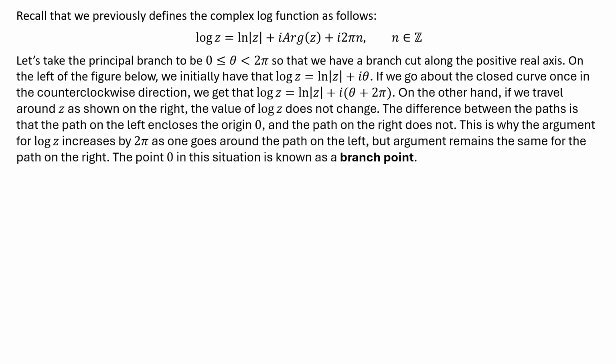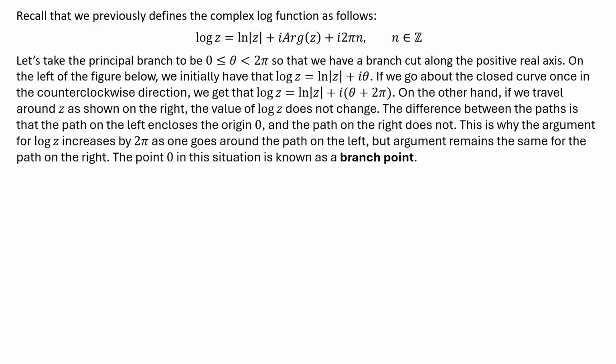Recall from an earlier lecture when we defined the log of z, it was the natural log of the modulus of z plus i times the argument, or the angle that z makes with the real axis, and then the value repeats every 2 pi i. That was the part that made the function multi-valued.